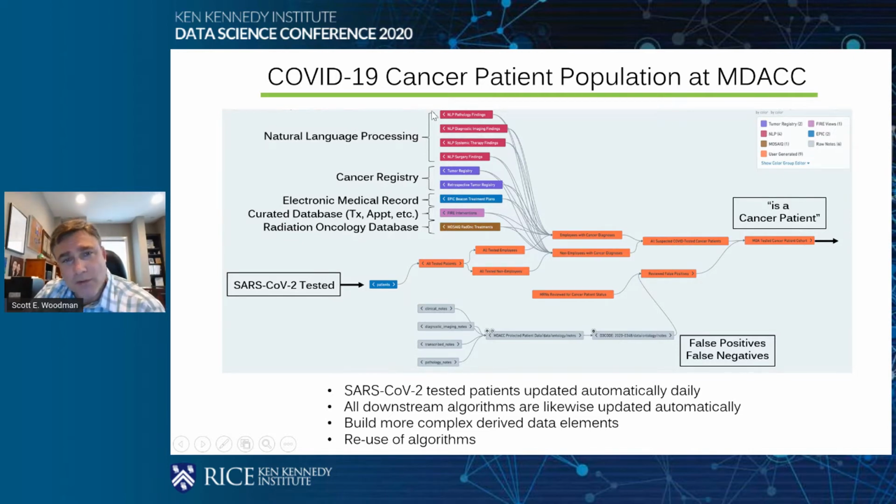And we pull from multiple databases across the institution, and using natural language processing and other different databases to come up with a key concept of who is a cancer patient. So daily feeds of who's been tested, what the test results are for SARS-CoV-2, and are they a cancer patient? So this is a first filtering step that we do. And of course, we pull back with false positives and false negative quality controls.